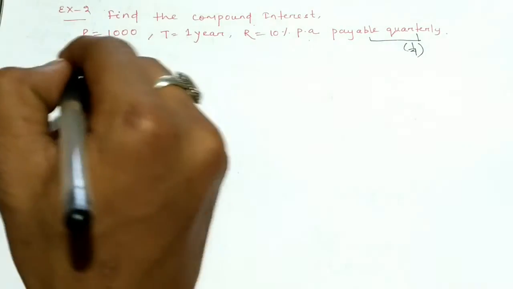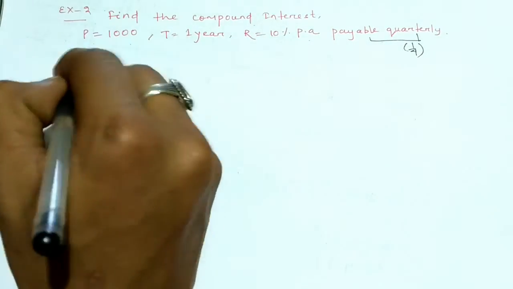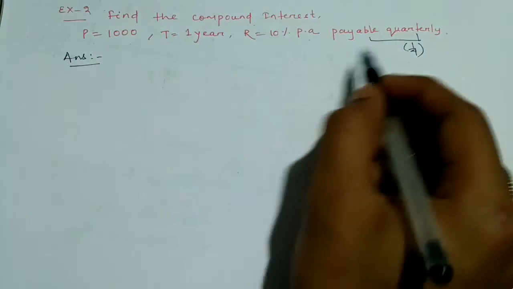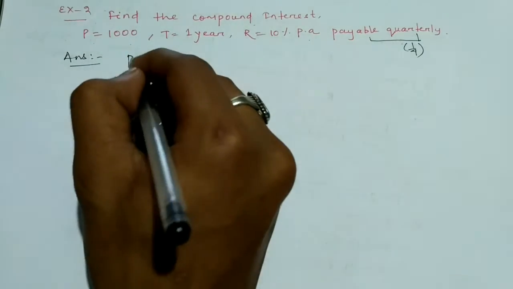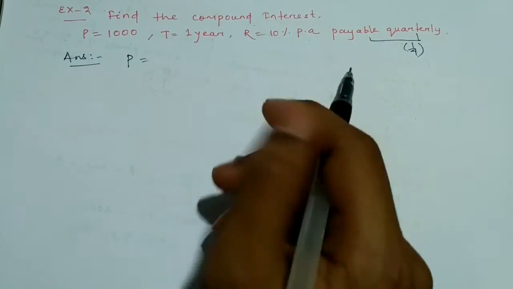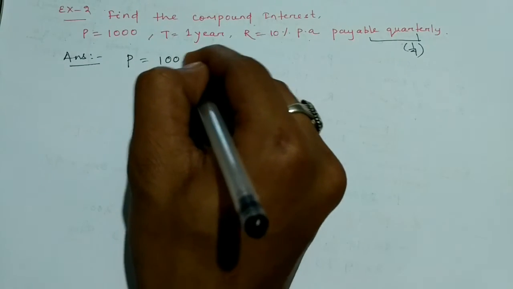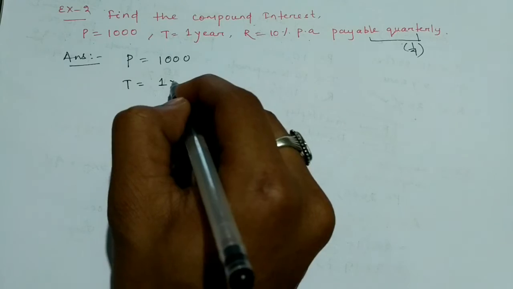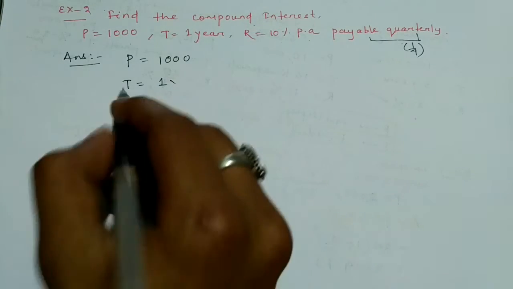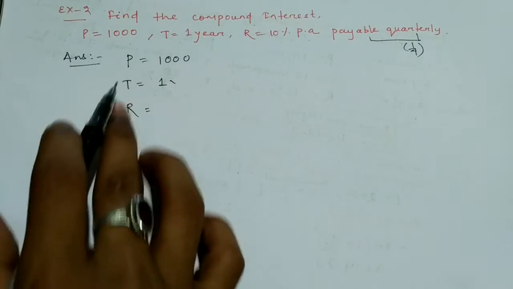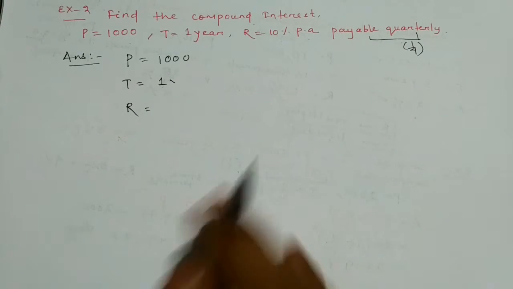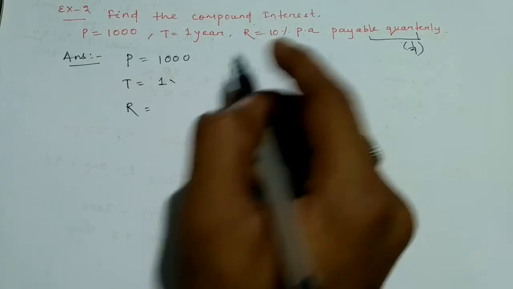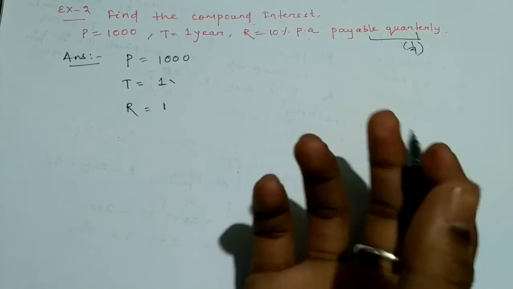Okay. As I already said many times, for quarterly, the principal will not be affected, it will remain the same. So P will be 1000 rupees. But the time period and rate of interest will be different. As I said, the rate of interest should be multiplied.